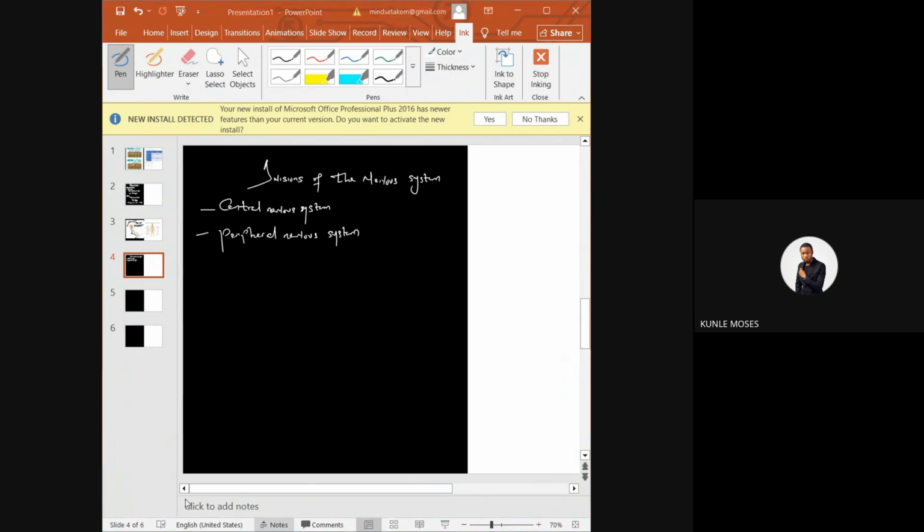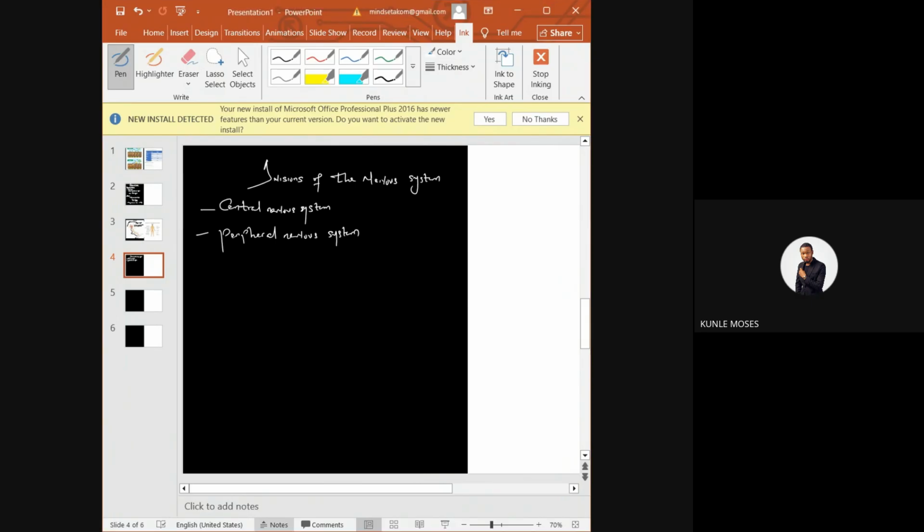The central nervous system includes the brain and the spinal cord.